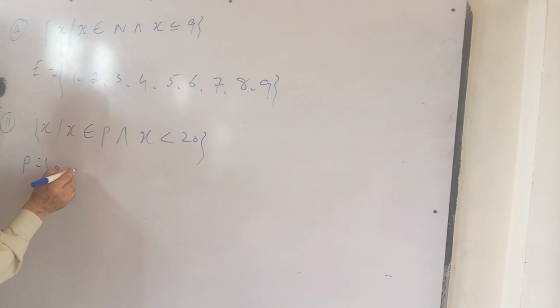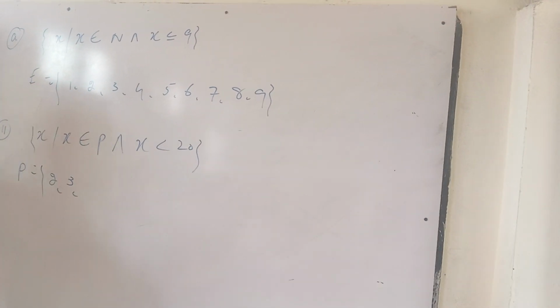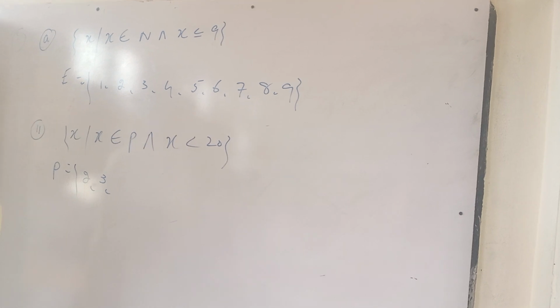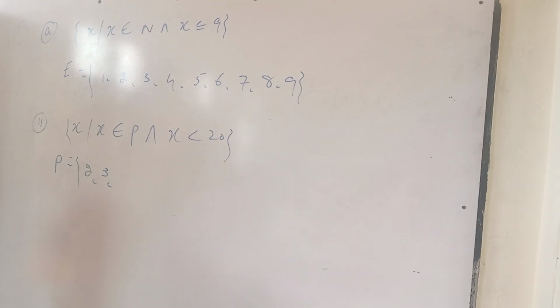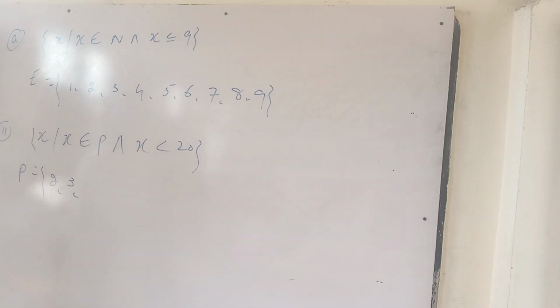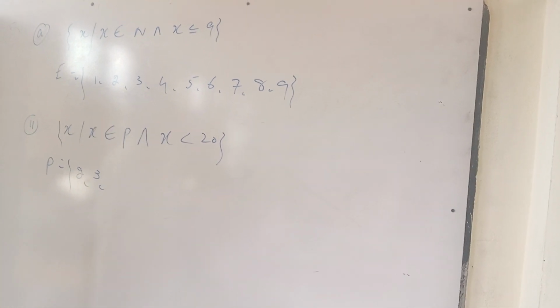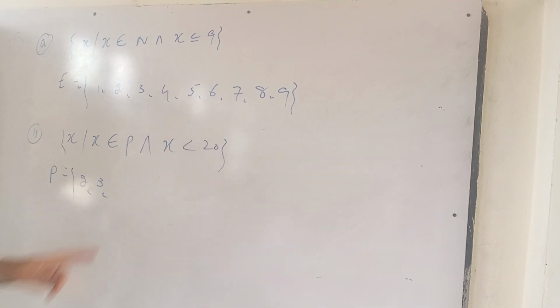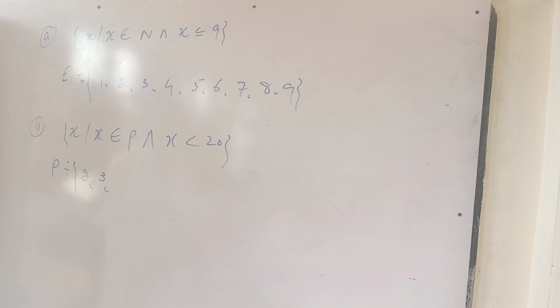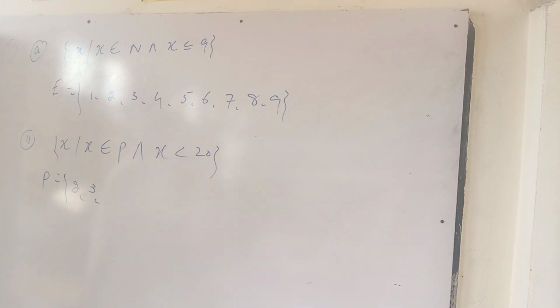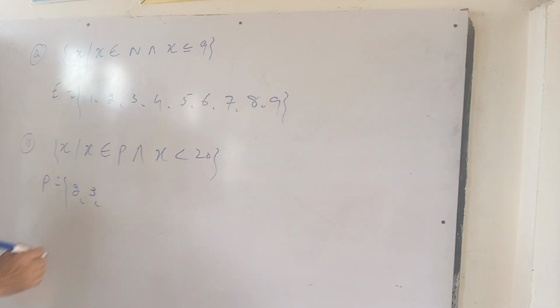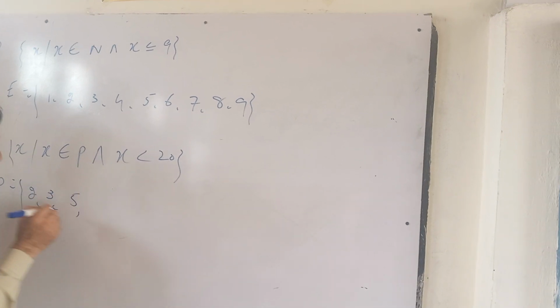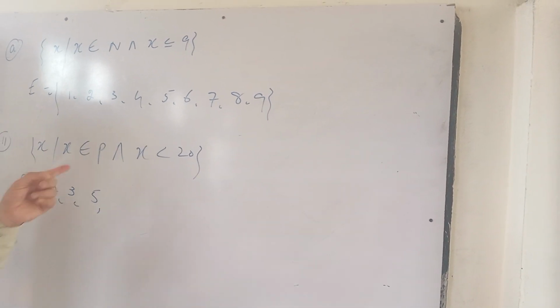And 3 is also prime because 3 is divisible by 1 and by itself. 4 is not prime because it has more than 2 factors. 4 is divisible by 1, by 2, and by itself, 4. So 4 is not a prime number. 5 is a prime. It has only 2 factors, that is 1 and 5.